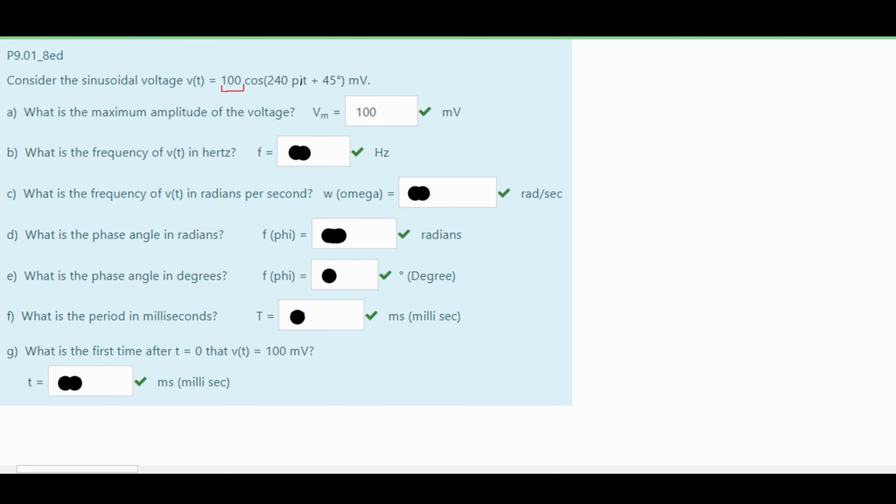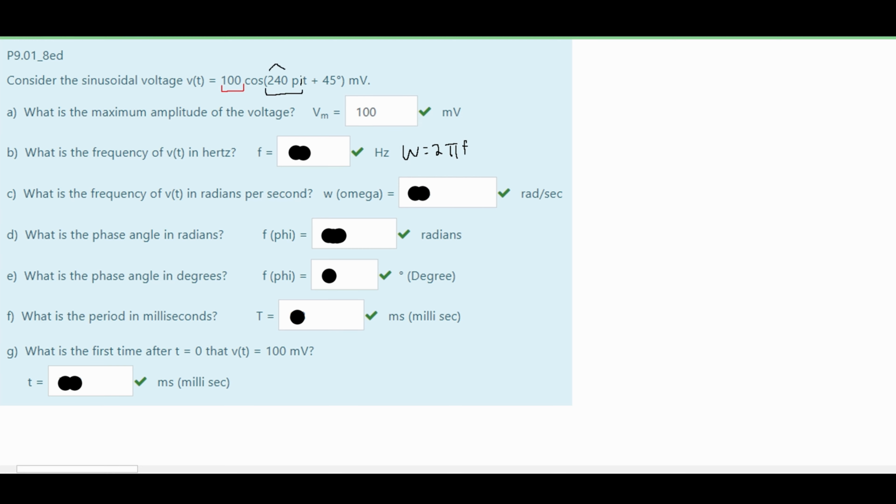Now we're going to look at B, which asks: what is the frequency of v(t) in hertz? To calculate the frequency, there's also a formula linked in the notes in the description, where omega is equal to 2 times pi times the frequency. We know our omega to be this 240 times pi.